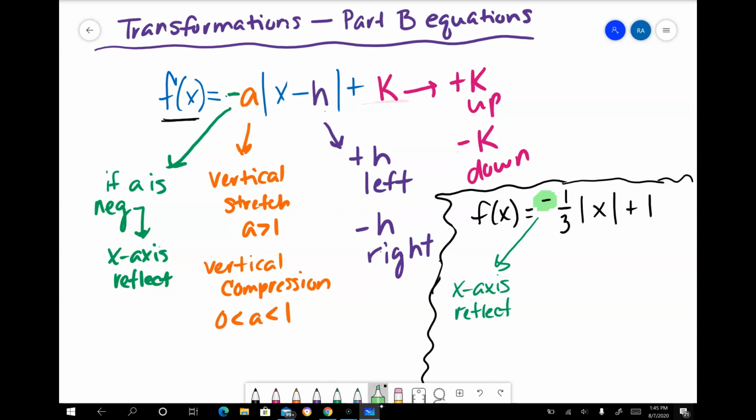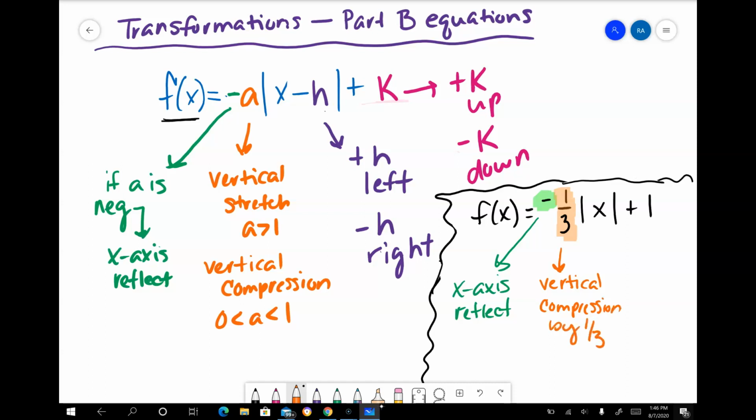All right, then look at your A value. Is there an A value? Yes, there is an A value. Okay, now you're not looking at that negative. I tell you, there's 2 separate transformations. The negative's gone. So that 1/3, is that 1/3 greater than 1, or is it between 0 and 1? That 1/3 is between 0 and 1, so this is actually going to be a vertical compression, and we say by 1/3.